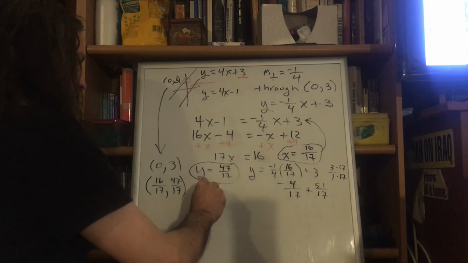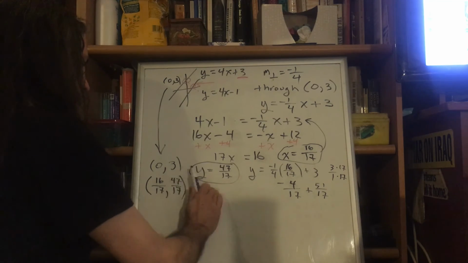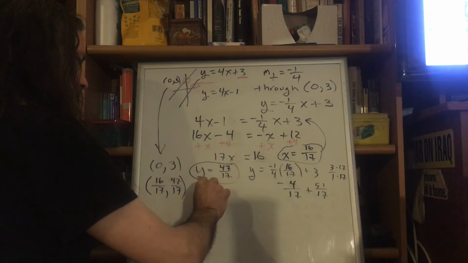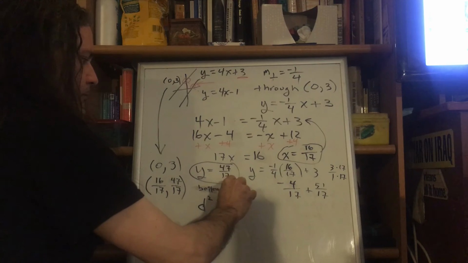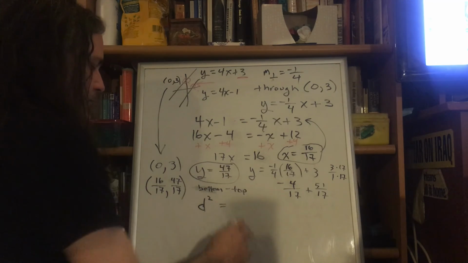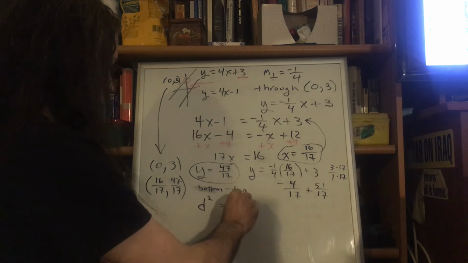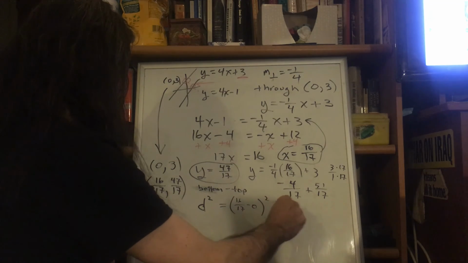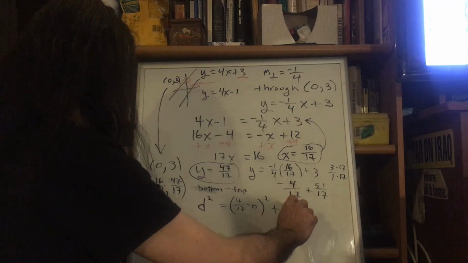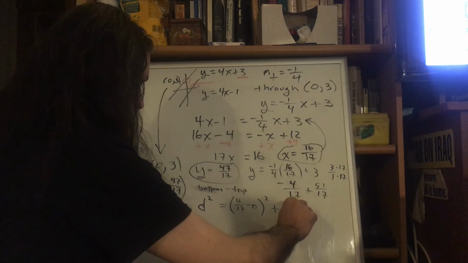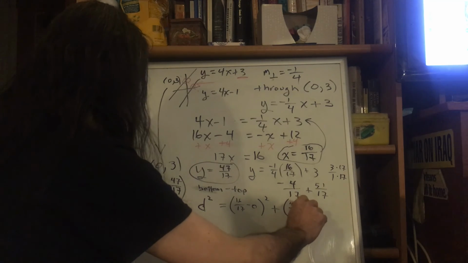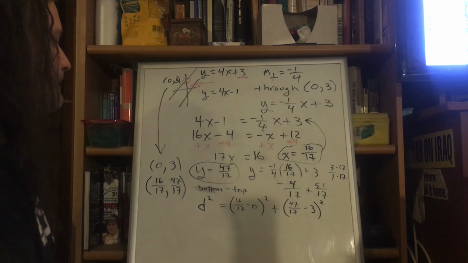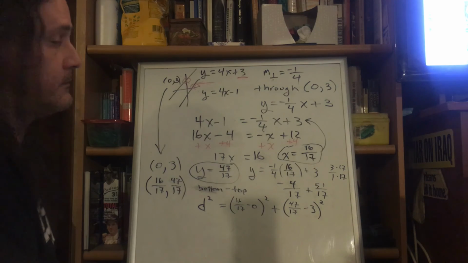So I'm going to do bottom minus top. It really doesn't matter, because you're going to square the values anyway, which means they'll always be positive. So we get this, and then we get that. And this is probably where you're going to have to convert to decimals. Okay? And then you just finish that.